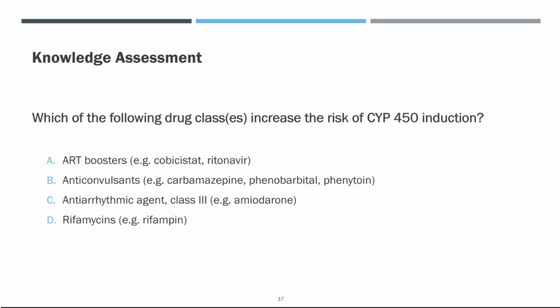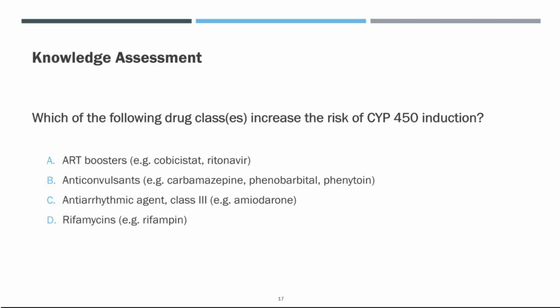So our next question is, which of the following drug class or drug classes will increase the risk of CYP450 induction? We've got the ART boosters, anticonvulsants, antiarrhythmic agents such as amiodarone, and rifamycins such as rifampin. So I hear D. D, the only one?